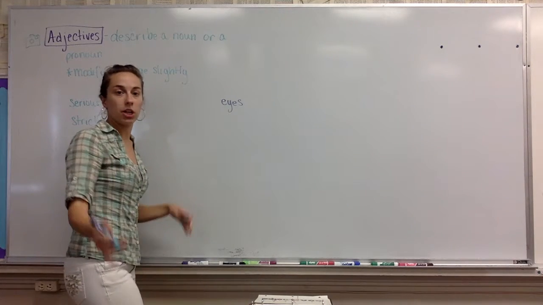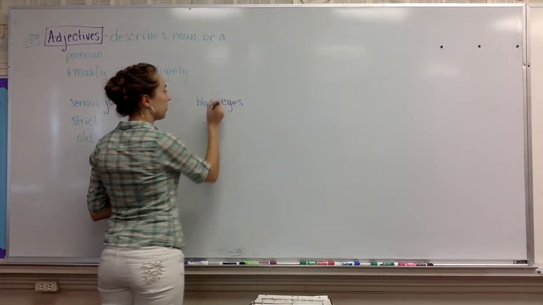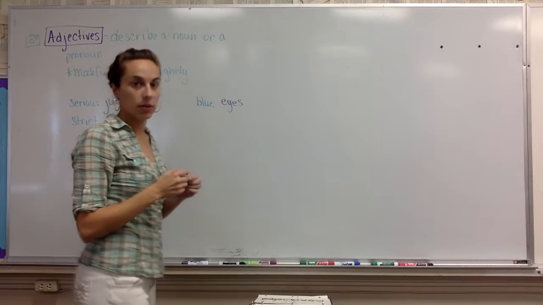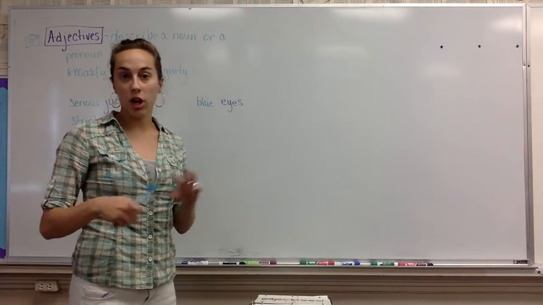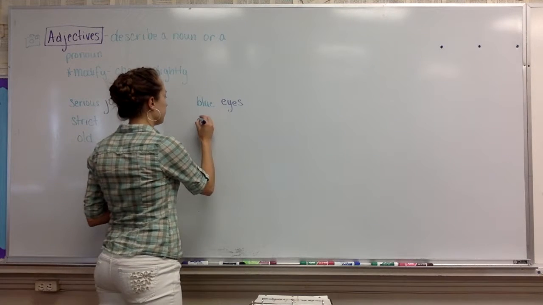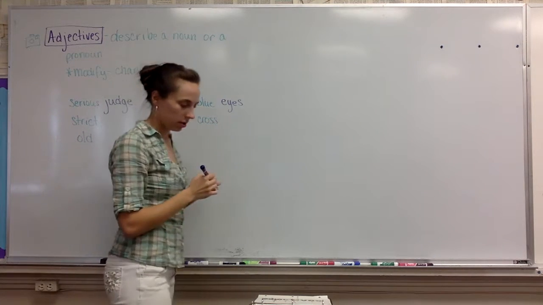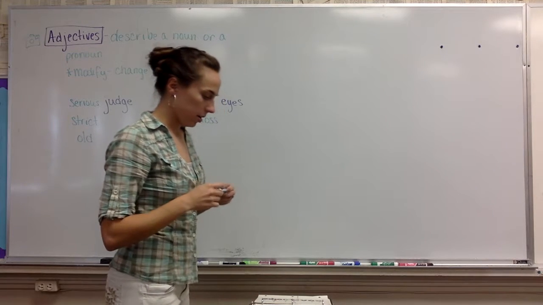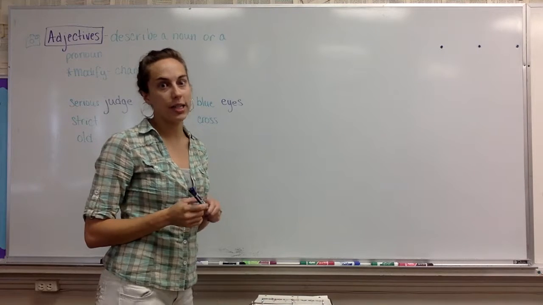You can put any color you want to or all of them. Blue eyes. Maybe I'm being goofy and I have cross eyes. Maybe they're beautiful. Maybe somebody has beautiful eyes and you just love them.